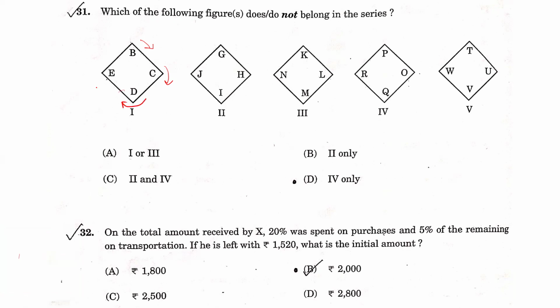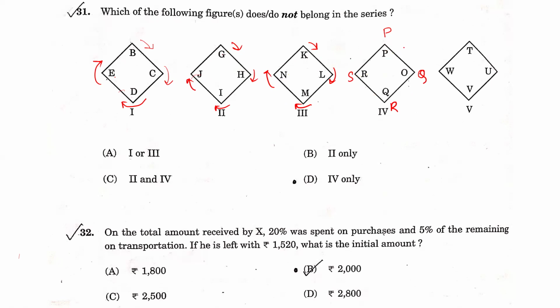If you move in this order, you will see a specific pattern: B, C, D, E. Here also, G, H, I, J. Here, K, L, M, N. Following this trend, it should have been P, Q, R, S.